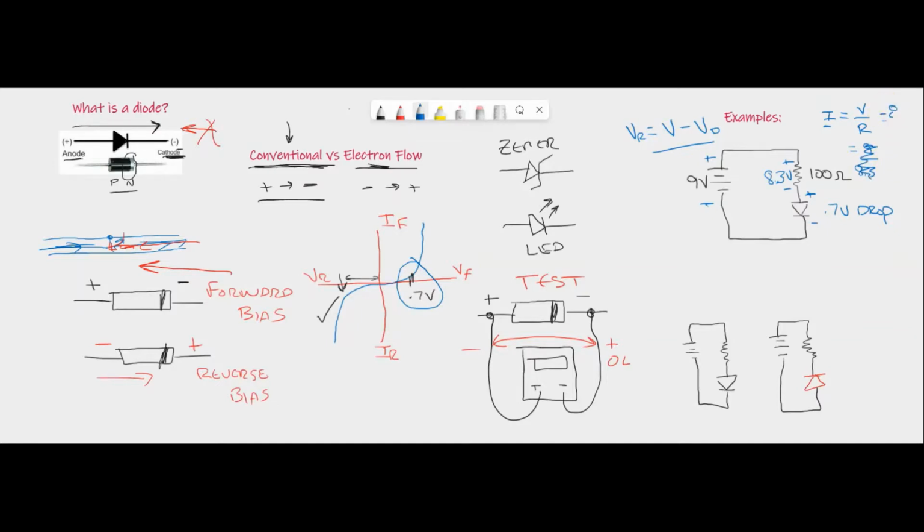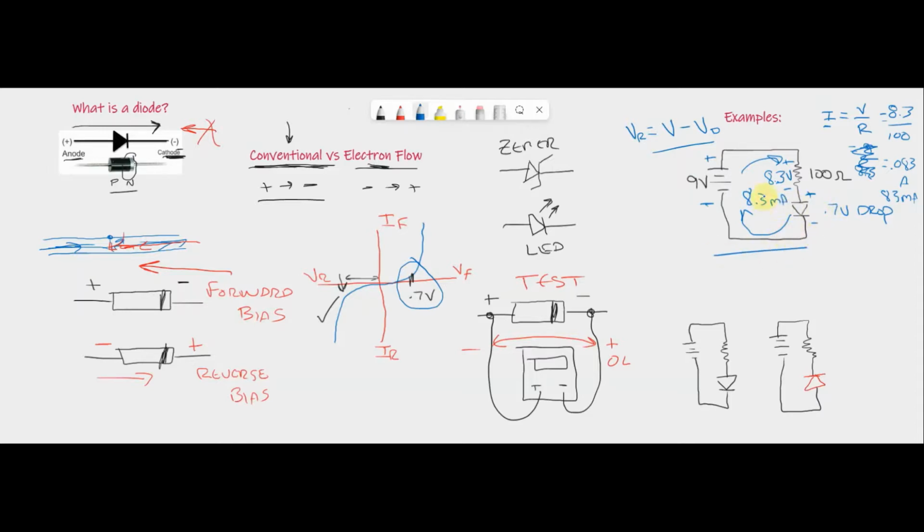Let's try that again. 8.3 divided by 100. My voltage drop across the resistor is 8.3. My resistor value is 100. Sorry about that. And that's going to give me a value of 0.083 amps, or 83 milliamps. So conventionally, my current, which is traveling this way, is 83 milliamps.